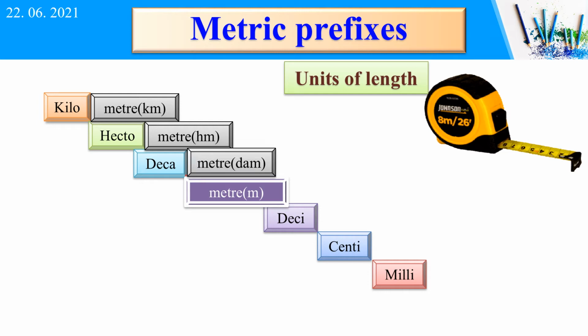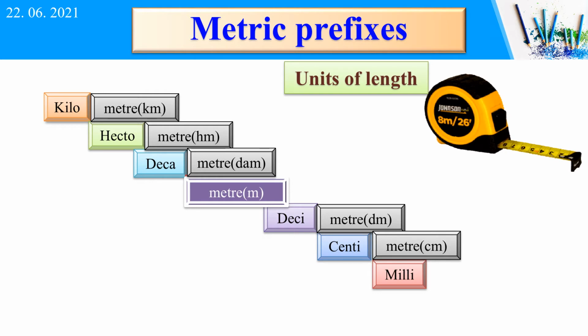Likewise, decameter is denoted by the letters dam. If you suffix meter with deci, we call it decimeter and it is shortly written as dm. Likewise, centimeter is shortly written as cm and millimeter is written as mm.